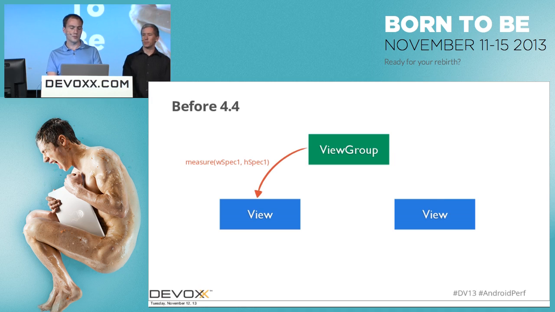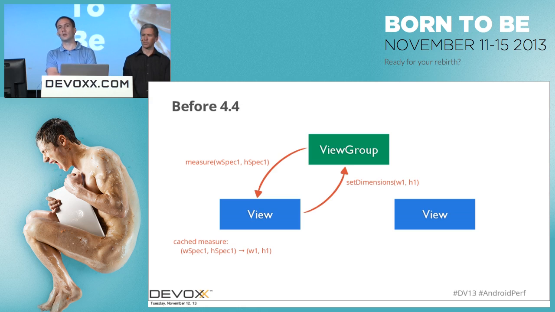But we had a very simple optimization. Here we remeasure the first child, we call measure, and we pass the same measure specs as the last time. We have this cache of one entry where we remember the result of the last measurement. We know that we have not called request layout on that view, so that view has not changed. So we can return the cached value directly.